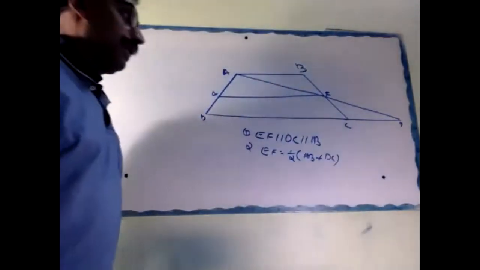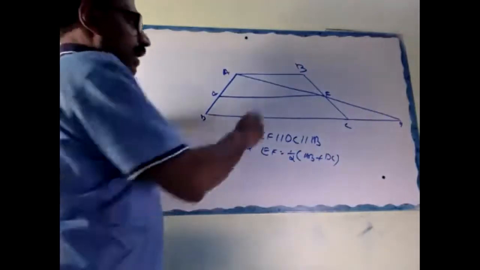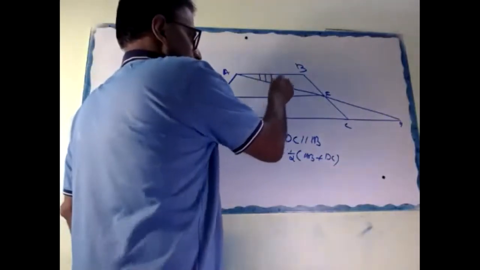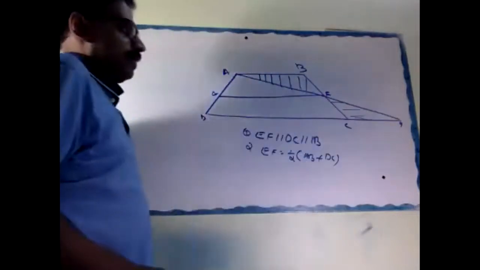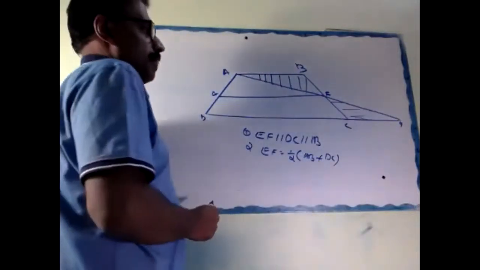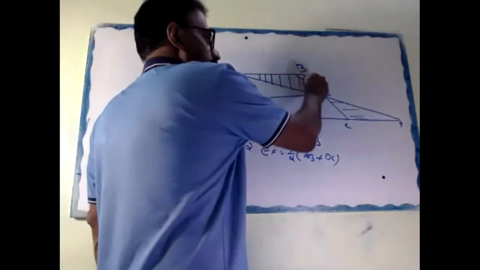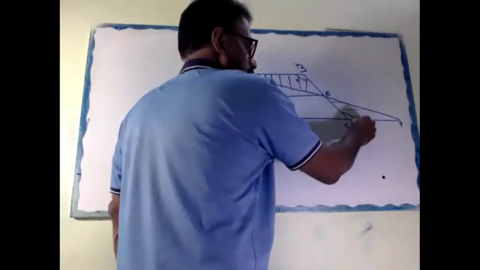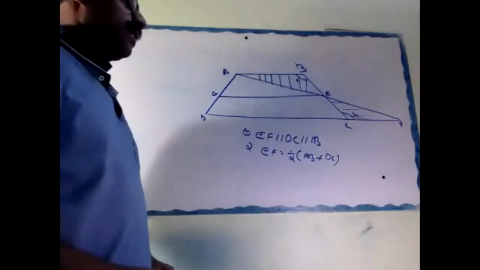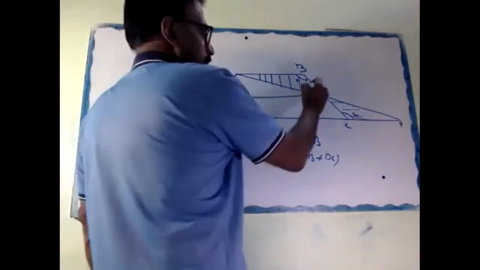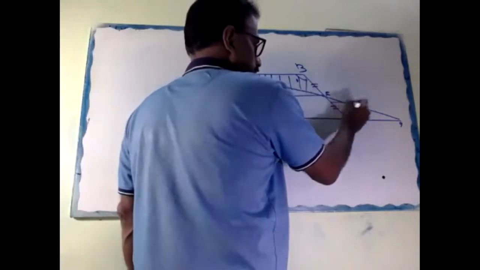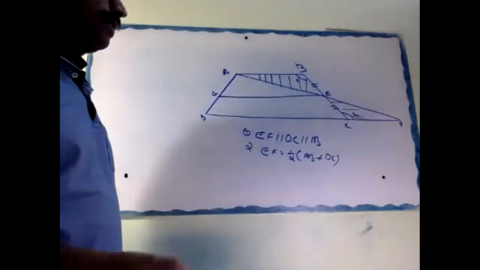Now look here. Take these triangles. Angle 1 equal to angle 2, alternate angles. BF equal to FC, given.